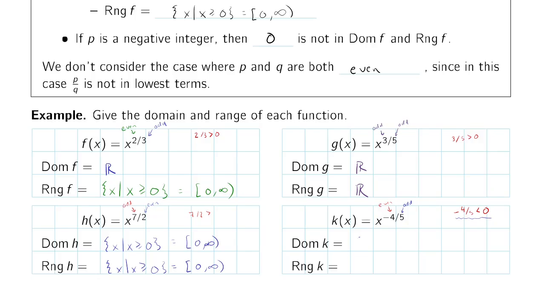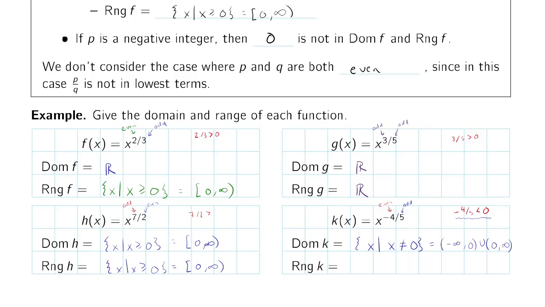So my domain consists of all real numbers except for 0. So if I desperately want interval notation, that's negative infinity to 0, union with 0 to infinity.